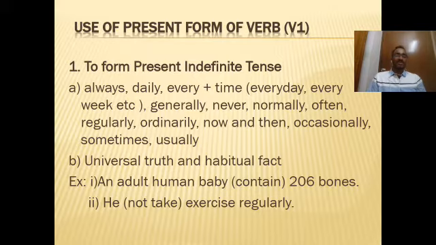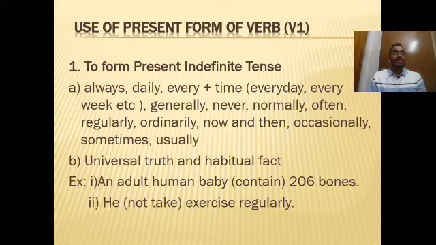occasionally, sometimes, usually. And these, you see, are used in present indefinite tense, and of course they refer to the general activities of us. So therefore these are used in present indefinite tense.